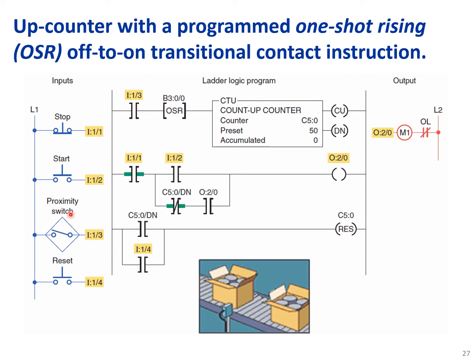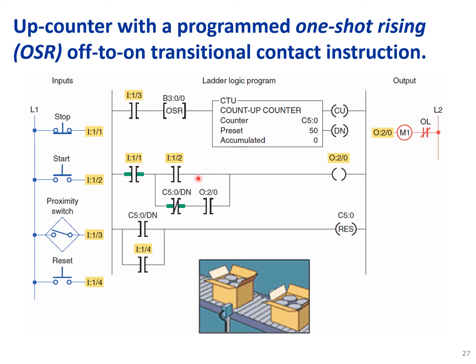I13 is the address of the proximity sensor. When it goes from off to on, the off-to-on transitional contact becomes true for only one cycle. The reason is safety and more reliability of the program, and the counter will increment by one.